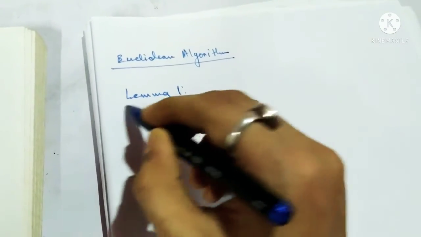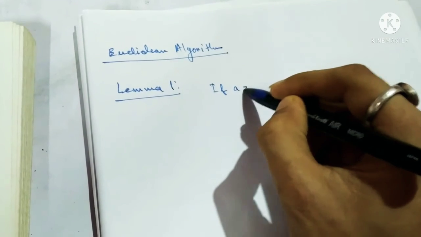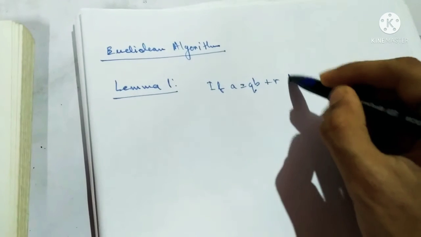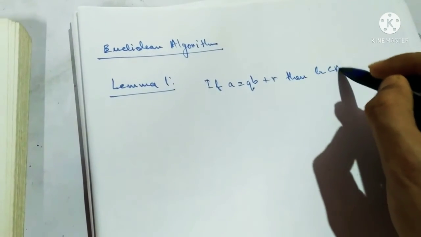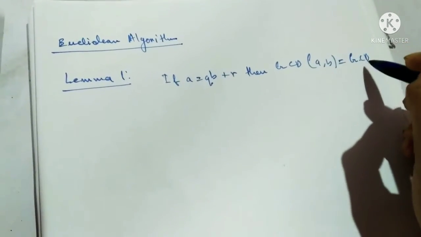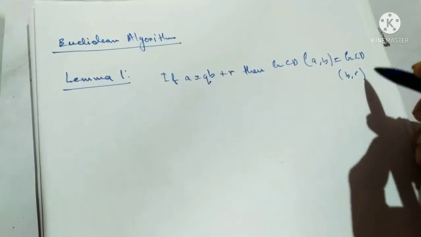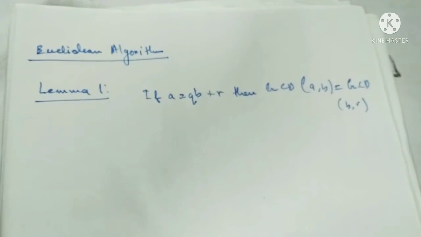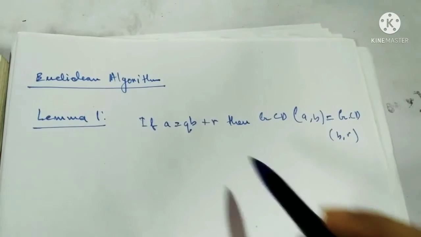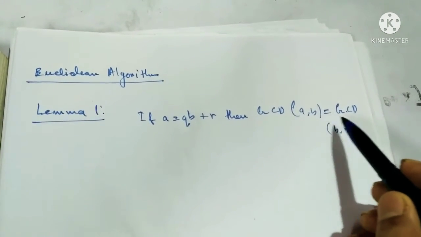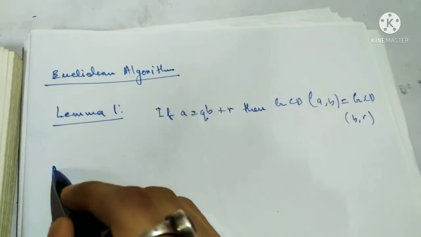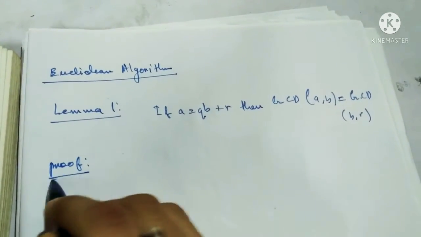This is lemma 1, saying that if A is equal to QB plus R, then GCD of A, B is equal to GCD of B, R. So in here again you see this is the proof.